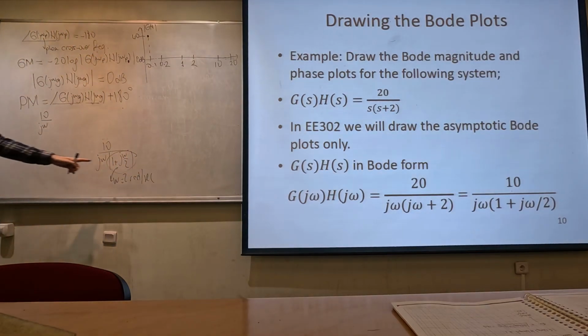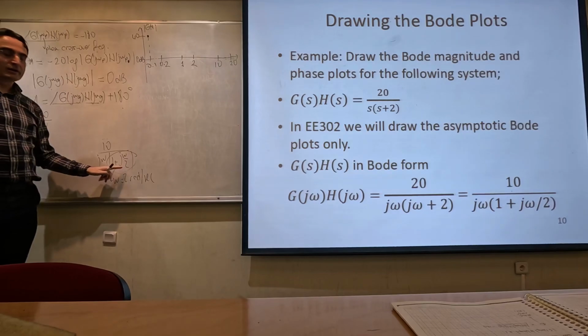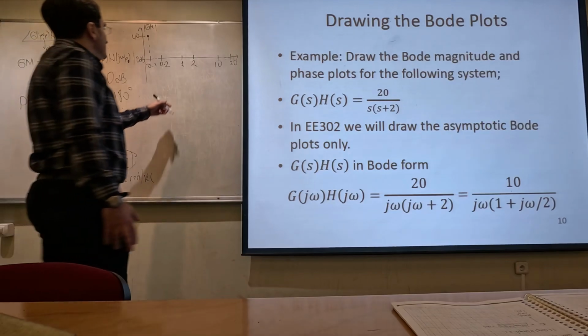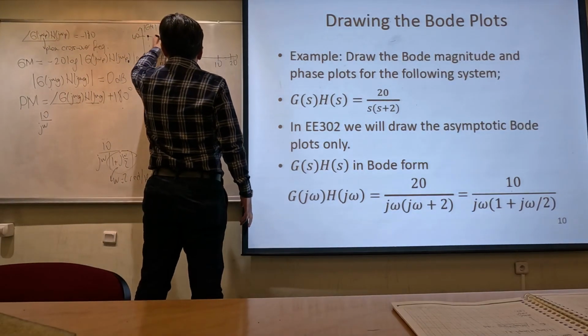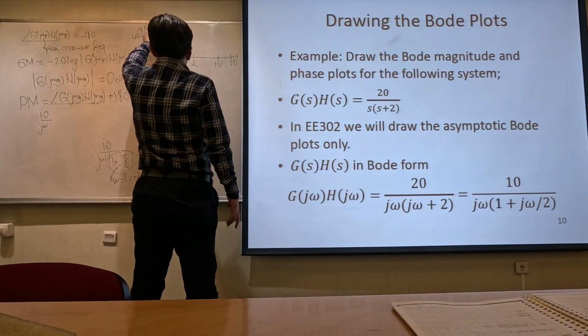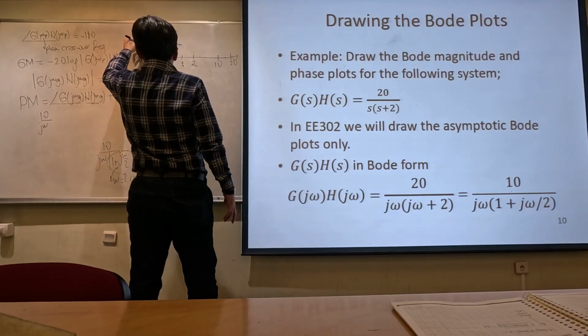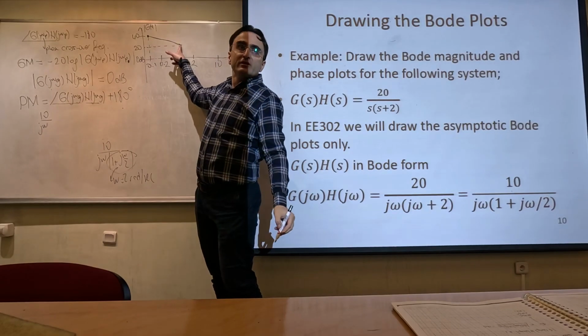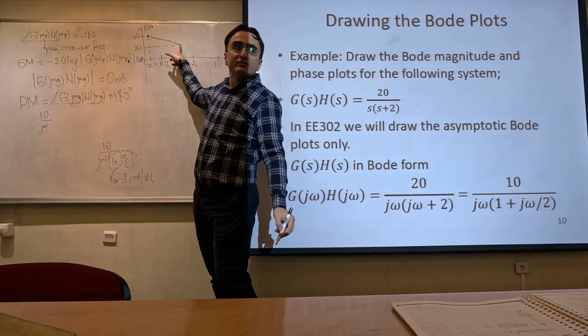And then, until I hit this corner frequency, this whole transfer function is going to behave like this. What is the behavior of this thing for different frequencies? It is just going to be a line with slope minus 20 dB per decade. So this is going to continue until here, meaning that I will hit 20 dB magnitude at this point.